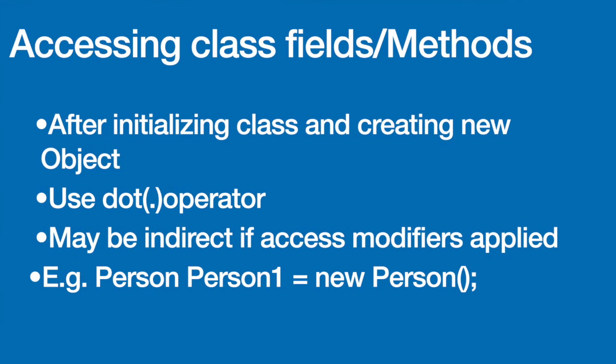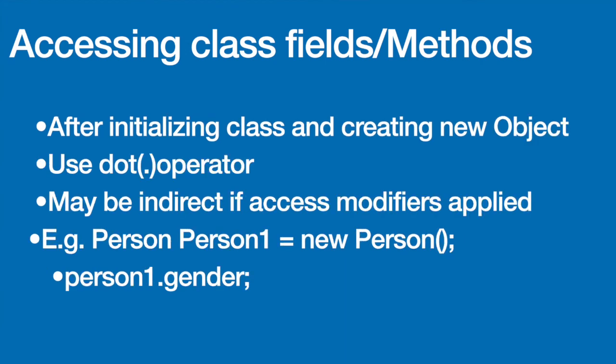As we have created an object called person1 in the previous slides, we can use it to access, for example, the gender. If we define a variable describing gender, then we can say person1 dot gender. That's how we access the fields if they are accessible in the object.